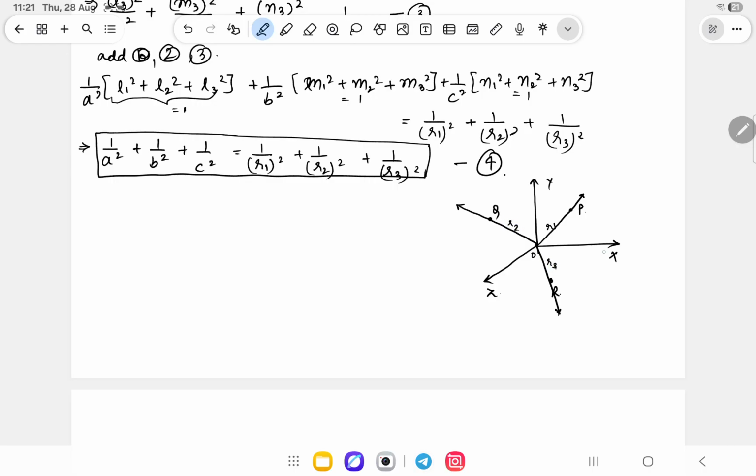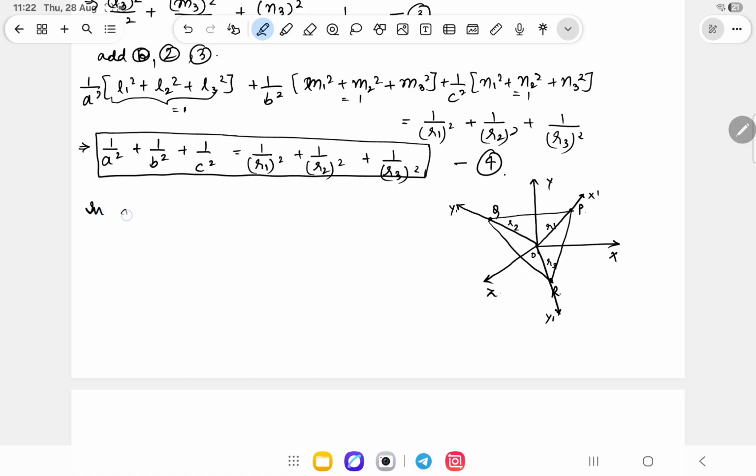If I just rotate this coordinate system XYZ and get a new coordinate system, let's say X dash, Y dash and Z dash, then in that system the plane PQR is making intercept R1 with X dash, R2 with Y dash and R3 with Z dash.